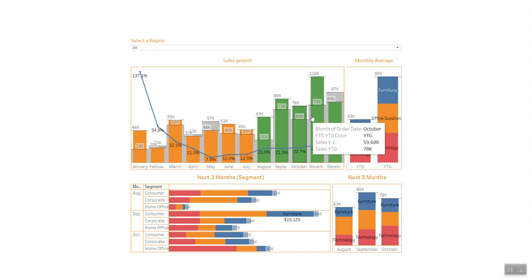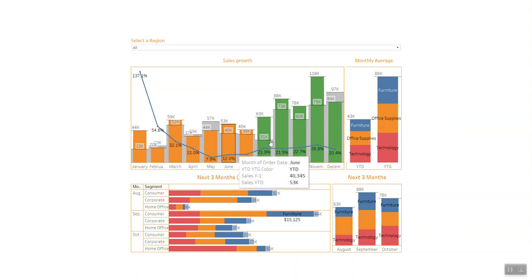Looking at the right hand side, you can see these two bar charts. Year to date, from January until July, the average sale per month is 43k. But from August until December, every month the team needs to make almost double.